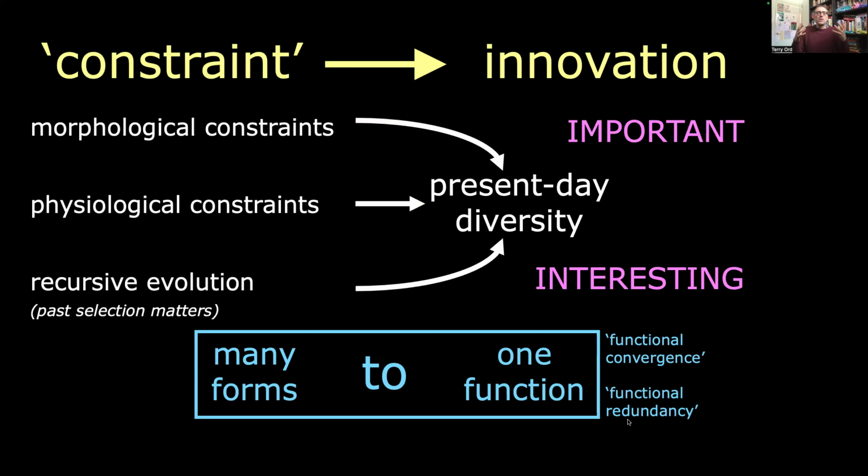So this notion that constraint is not interesting and not important, it's just kind of like baggage, is unfortunate because we really do need to consider these historical factors and even past selection if we really do want to understand present day diversity in animal phenotypes in general, but specifically for animal communication.